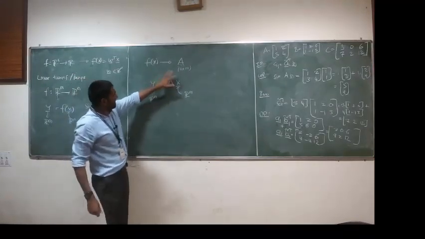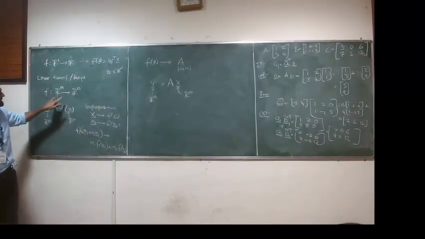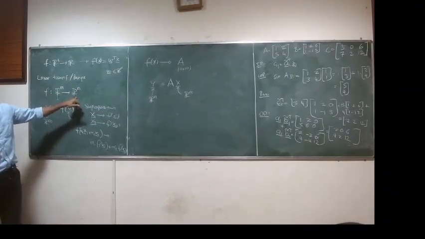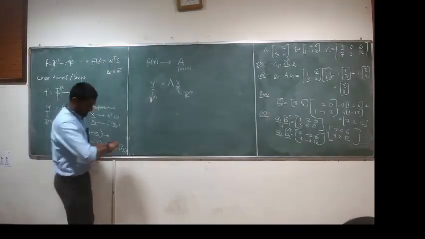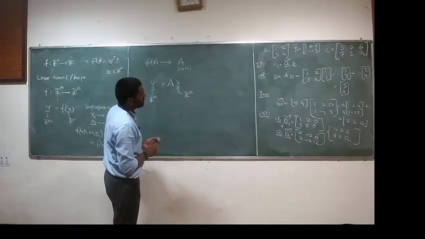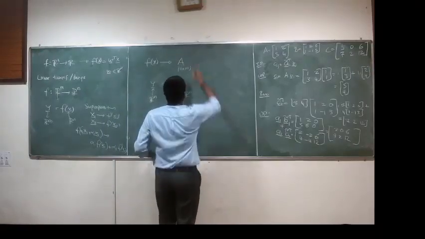In fact, an n cross m matrix represents some linear transformation from Rm to Rn. Now that will lead us to understanding why matrix multiplication is defined the way it is.